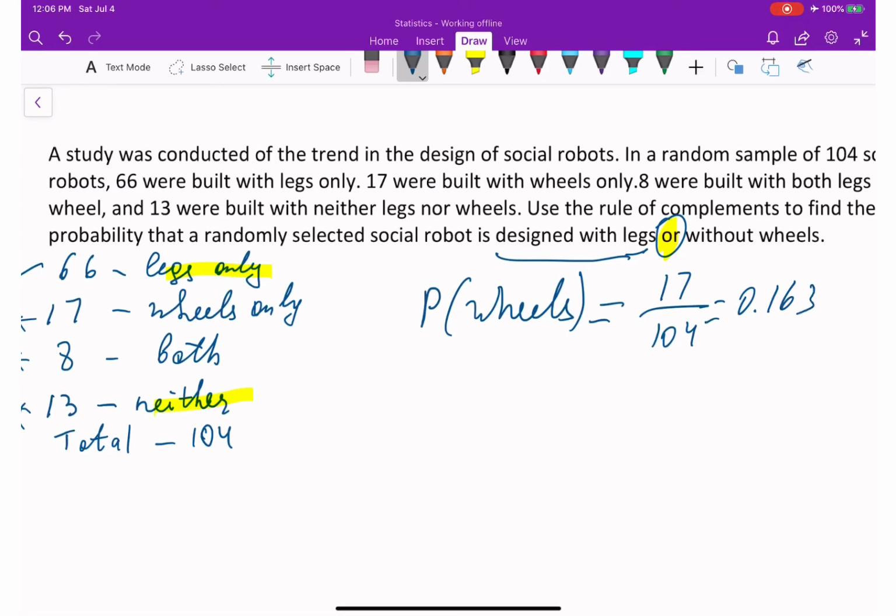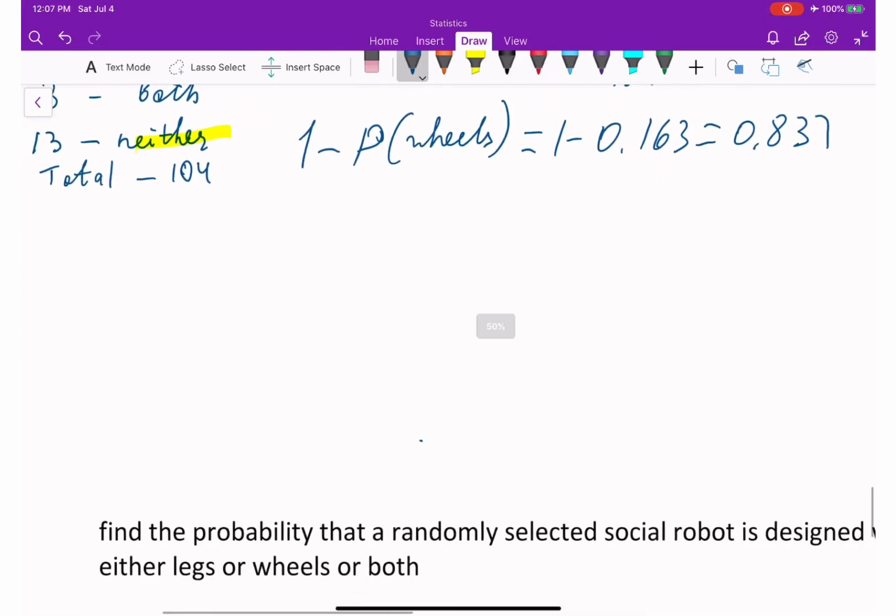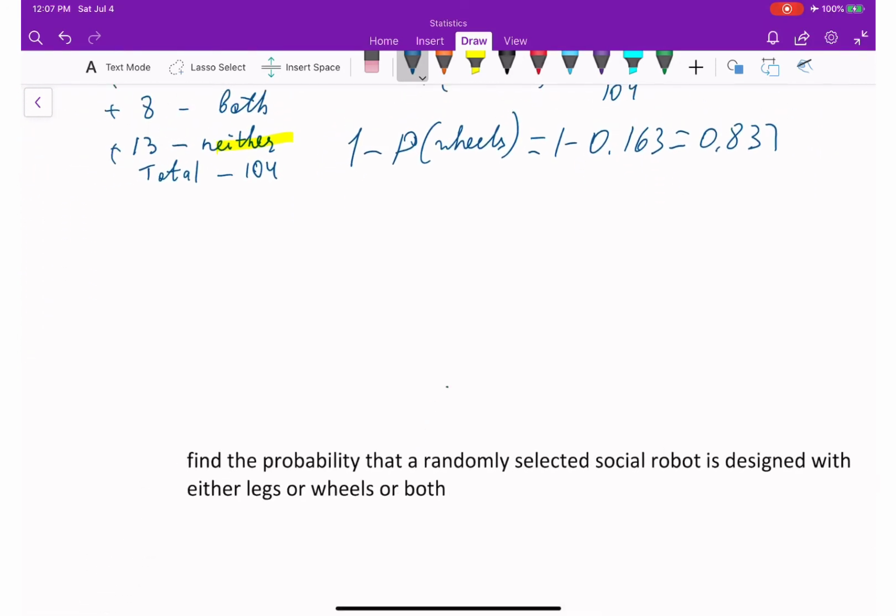And then we have to do 1 minus the probability of wheels, which will give me the rest. That will include legs or without wheels, right? And that will be 1 minus 0.163, which equals 0.837. Okay, and we answer one more question here. That will be the last one.